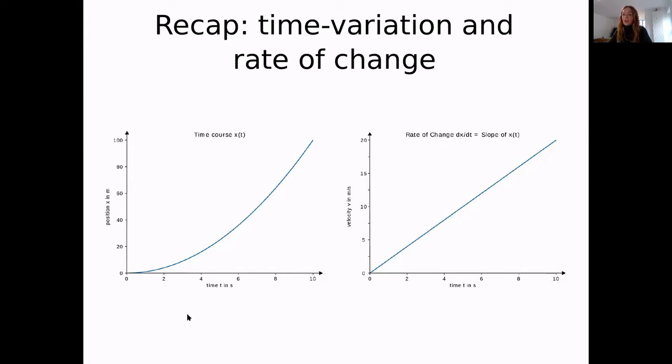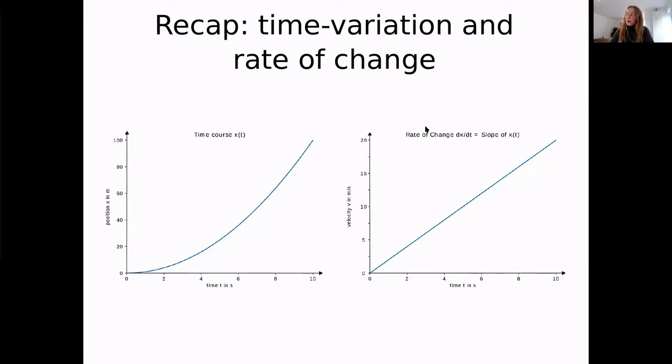And this should also be known from school. So this apparently is a quadratic function, and this is why we have a linear function as the time derivative, right? So if this is not clear, maybe think about this until next week, because understanding how these two plots are connected is really important for this course.